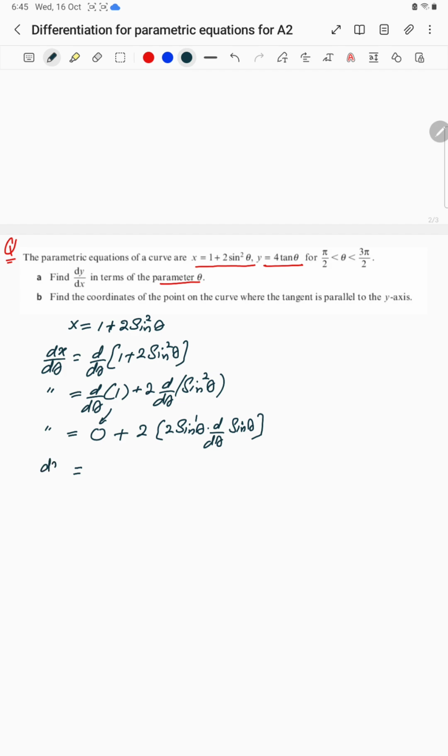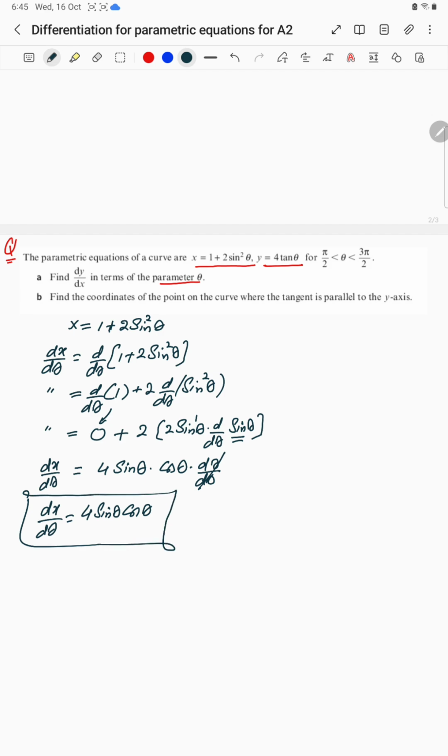So dx by d theta will be 4 sine theta, and the derivative of sine theta, by the rule, becomes cos theta. So in short, we get dx by d theta is equal to 4 sine theta cos theta. This is the answer for the first derivative.